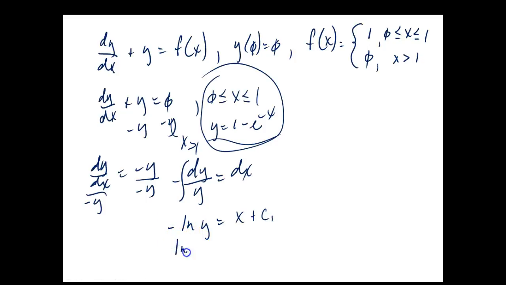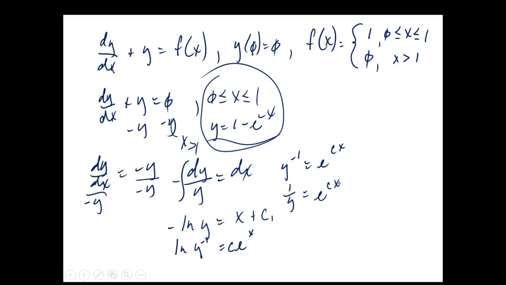This will be log of y to the minus 1, or 1 over y, is equal to e to the x plus c1, which would be c e to the x. Okay? And then exponentiate both sides, and you have y to the minus 1 is equal to e to the cx, and then this will be 1 over y equal e to the cx.